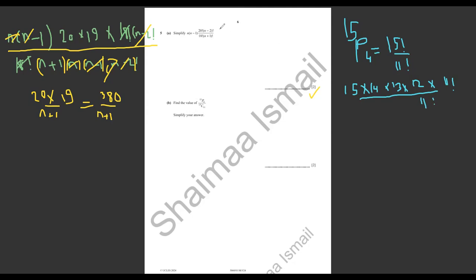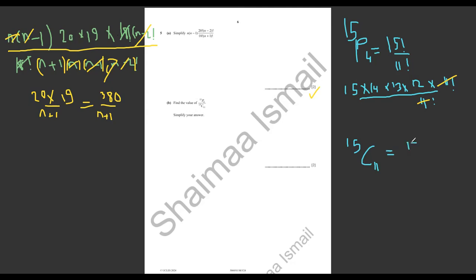We cancel the 11 factorial and keep the rest. Then we get the combination, 15 C 4.